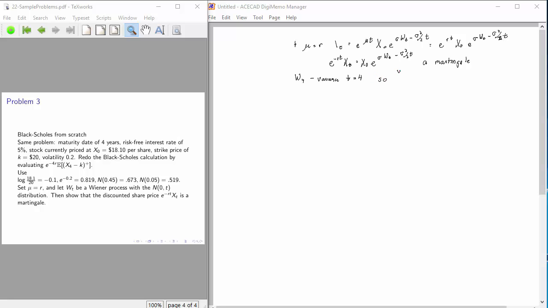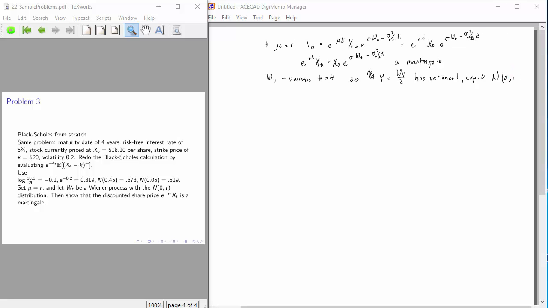So if I take y defined as W4 over 2, that's going to have a variance divided by 2 squared, variance 1, expectation 0, and it's normally distributed. In other words, it's an N(0,1) random variable.